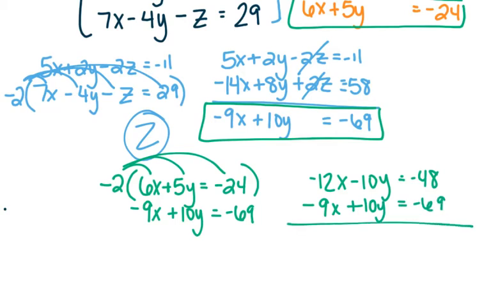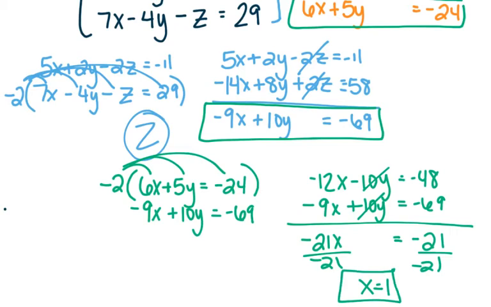So I have negative 21x, these cancel out, equals negative 21. And to get x by itself, I would divide by negative 21 on both sides. So x equals 1. So now I have one of my answers.